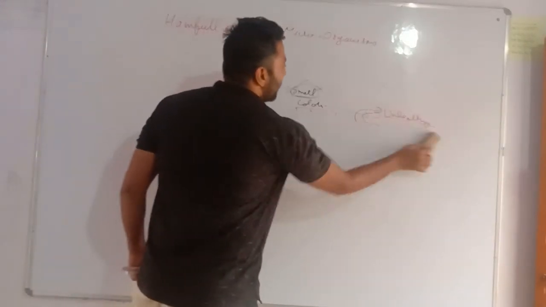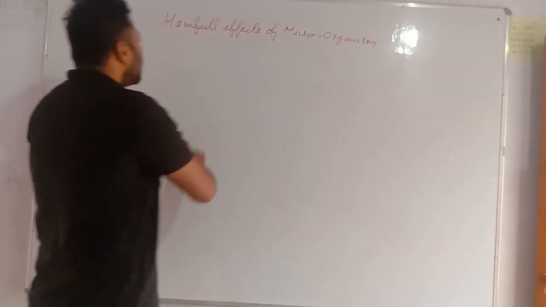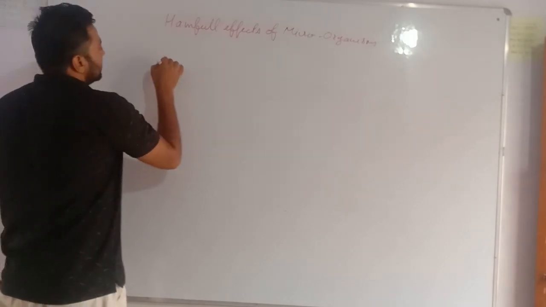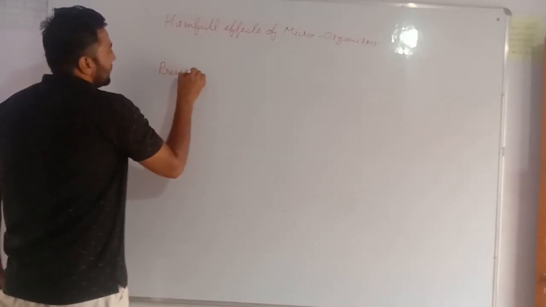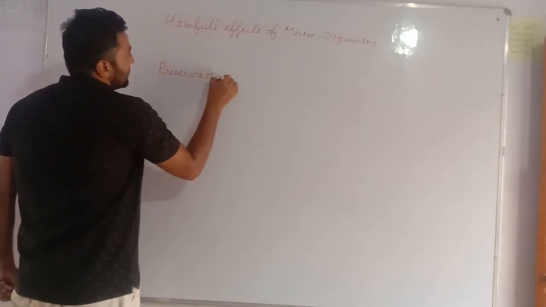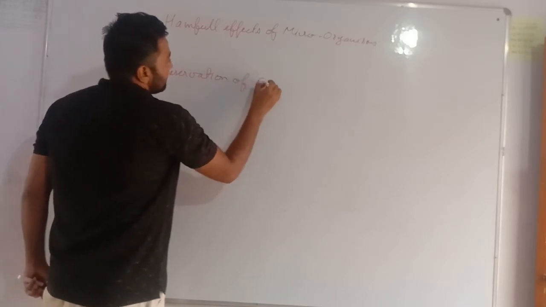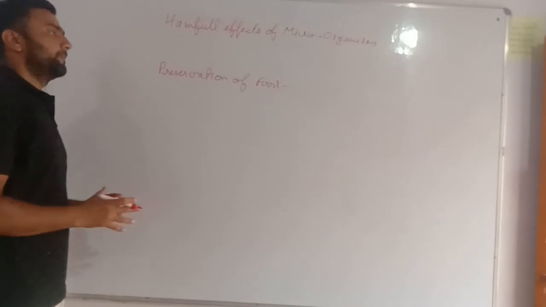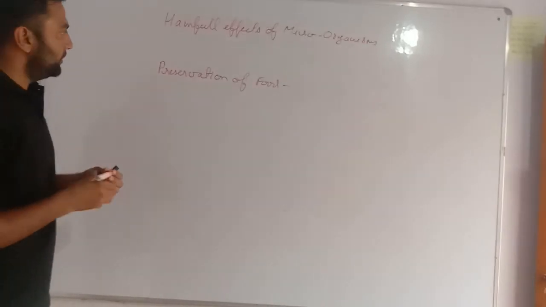See my dear students, food is a very important thing. Farmers work very hard, and after a very long process, we are getting food on our plates. So the very important thing we need to do is preservation of food. What is preservation of food?